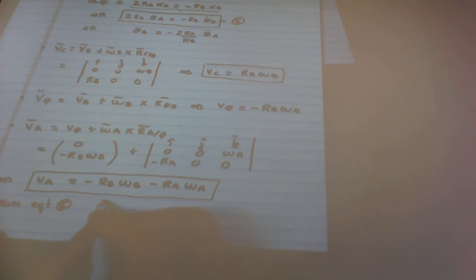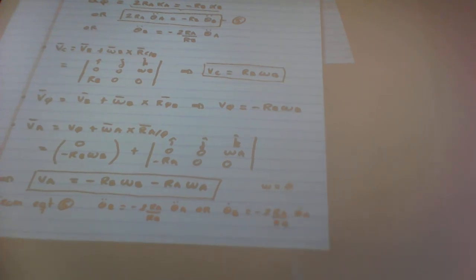Theta dot sub B is equal to minus 2RA over R sub B theta dot A. Or this will mean what? Theta dot B, which is omega B, would be equal to minus 2R sub A over R sub B omega dot A, and you know that omega equals theta dot.